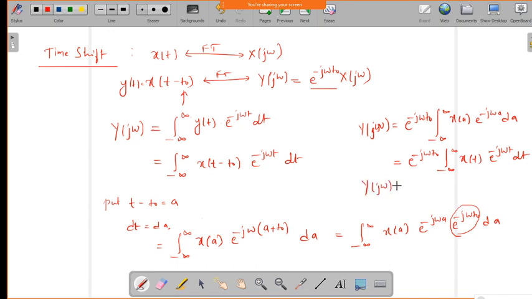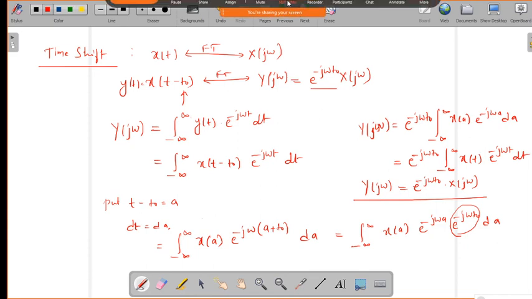So y of j omega equals e power minus j omega t naught into x of j omega. If you have the time domain signal shifted by the delay t naught, in the frequency domain its Fourier transform is multiplied by the factor e power minus j omega t naught. So this is the time shift property.